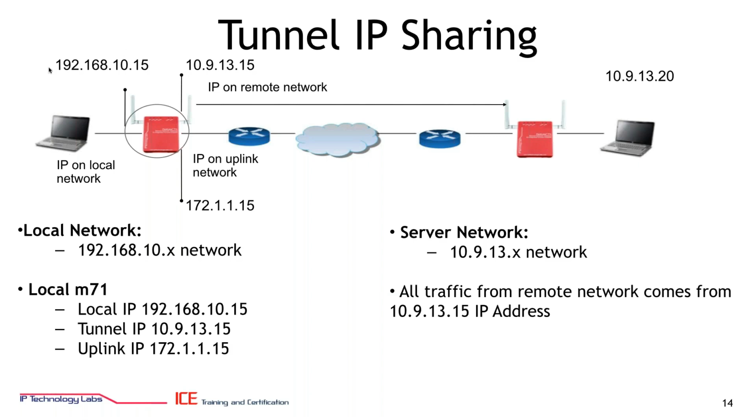So now I can take a remote network, connect it to my head office network, and I don't have to have any routing in my head office network for the return path, because all the traffic that I receive from this remote network is going to come from 10.9.13.15. And by doing that, this laptop on the right side thinks that it's local traffic, thinks it's just another PC on its network, and it can respond directly to that traffic.